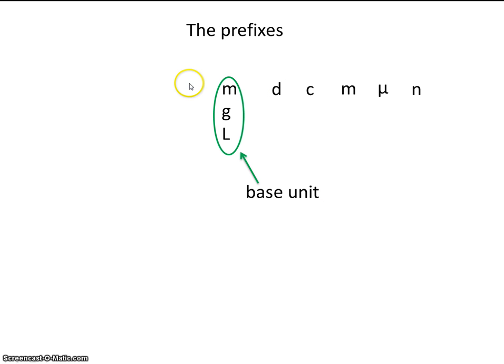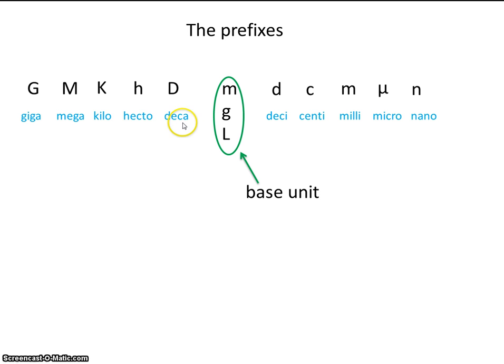And then going larger than the base unit, we have deca, hecto, kilo, mega, and giga. So once again, that's deci, centi, milli, micro, and nano. Deca, hecto, kilo, mega, and giga.